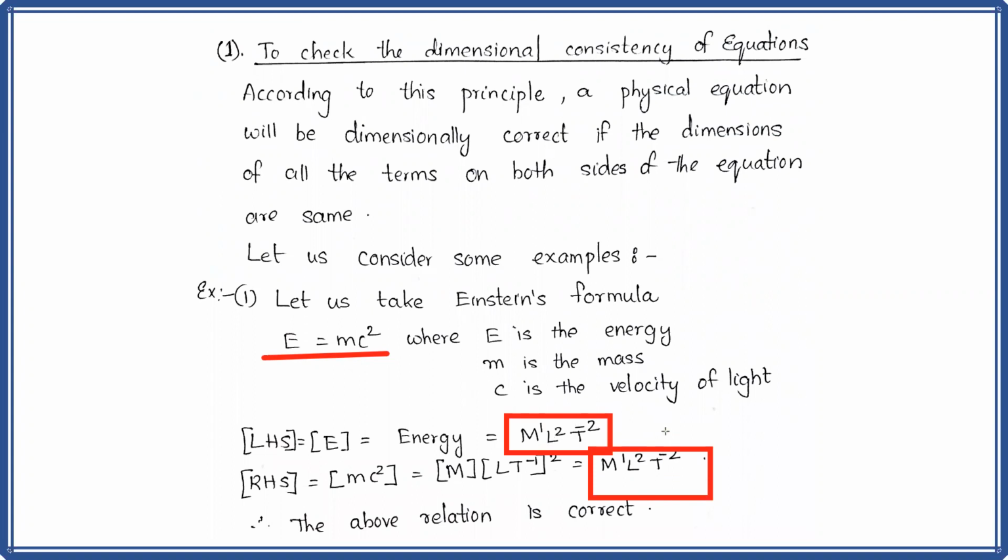Both of them have the same dimensional formula M^1 L^2 T^-2. So what we have learned here is that the dimensional formula for LHS and RHS is the same. Therefore, the above relationship is correct. This is a correct relationship.